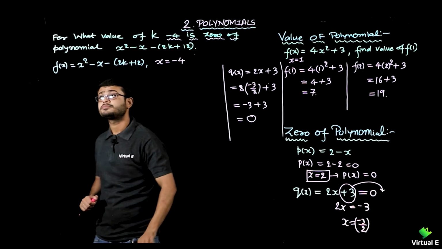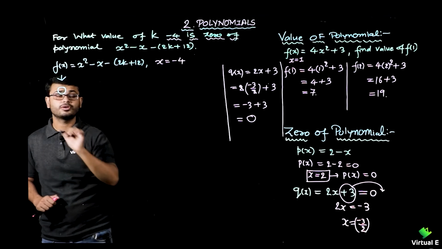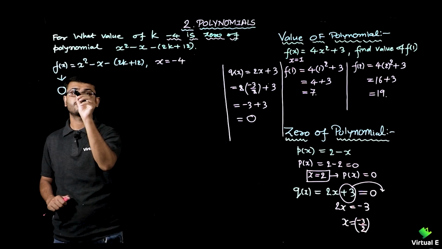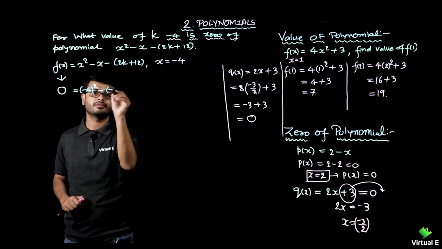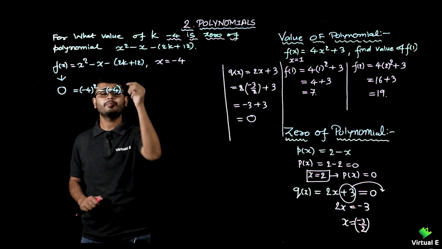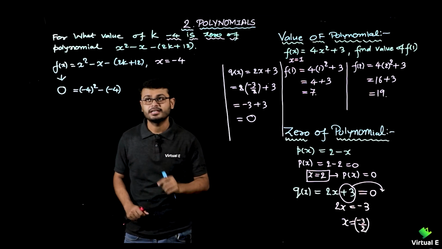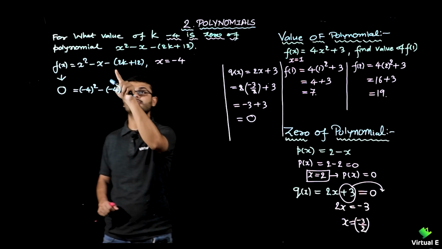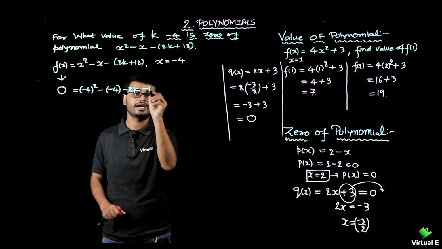So let's start. This final value will be 0, because I am going to substitute x = -4. So (-4) whole square minus (-4), and let me open this bracket. See over here, before the bracket there is a negative sign, so every term's sign will be changed. 2k will become minus 2k, plus 12 will become minus 12.